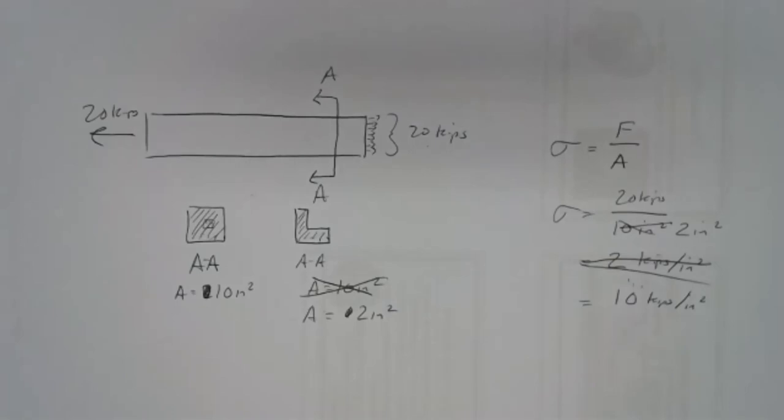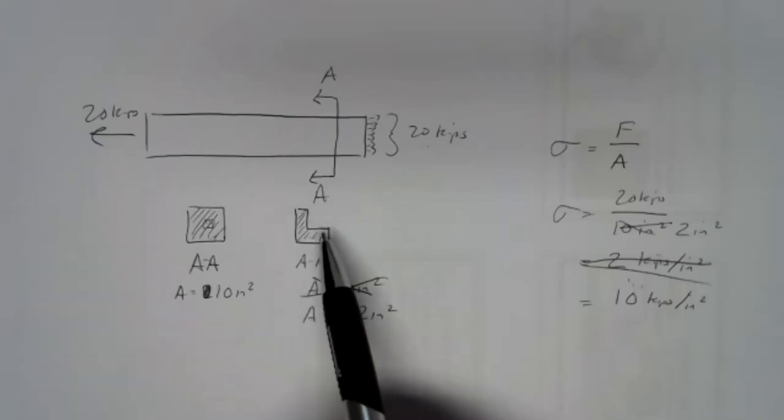And this factors into design because if weight and cost didn't matter, we'd just use the biggest cross sections we could possibly find. Keep the stresses as low as possible. We'd never have problems with it. But the structure we'd build would be heavy and expensive, especially important with airplanes. We don't want things to be excessively heavy. So instead, we try to find the limits.